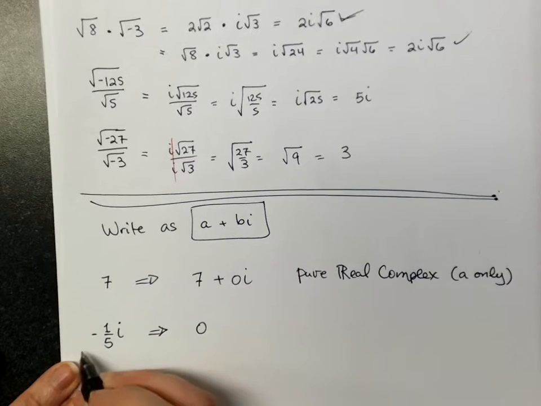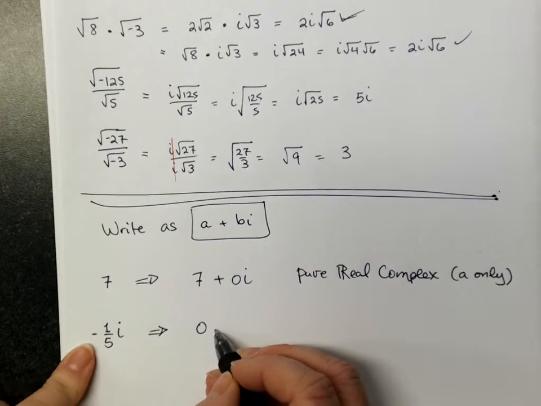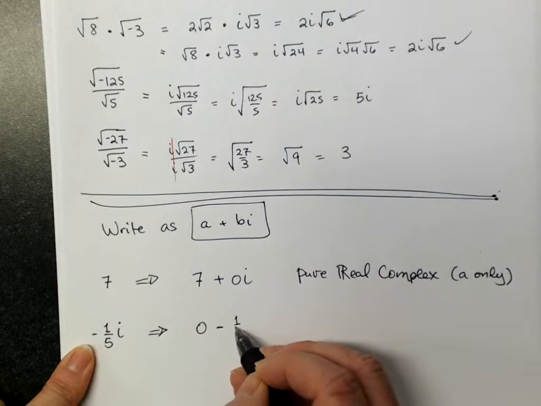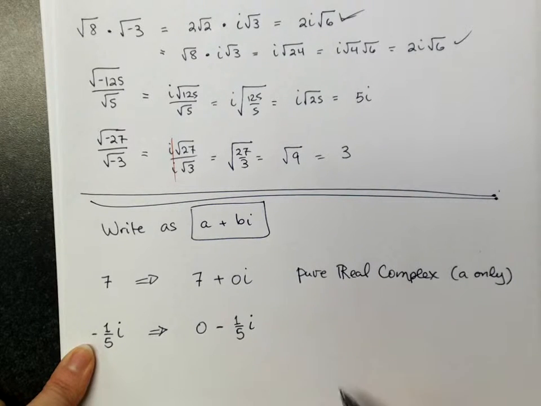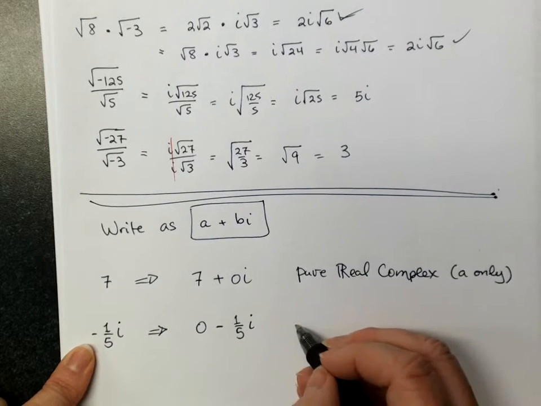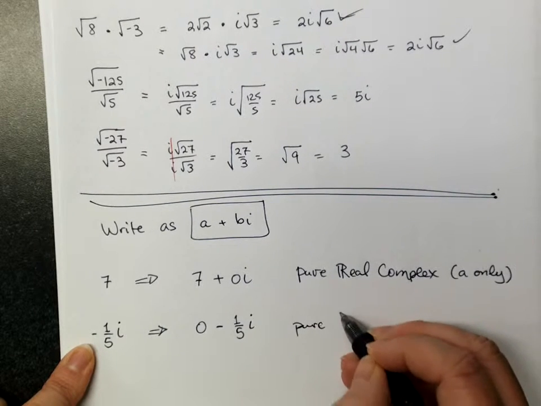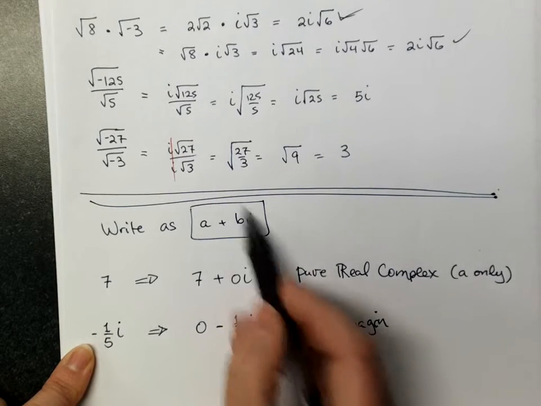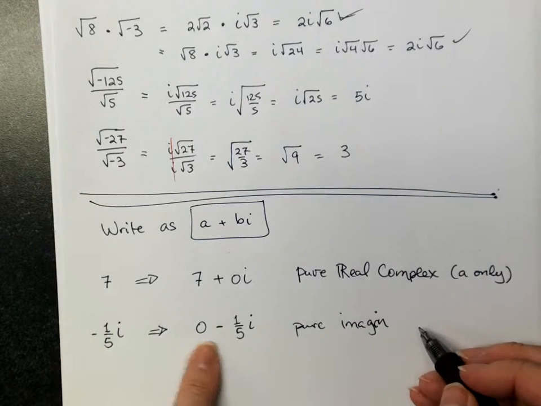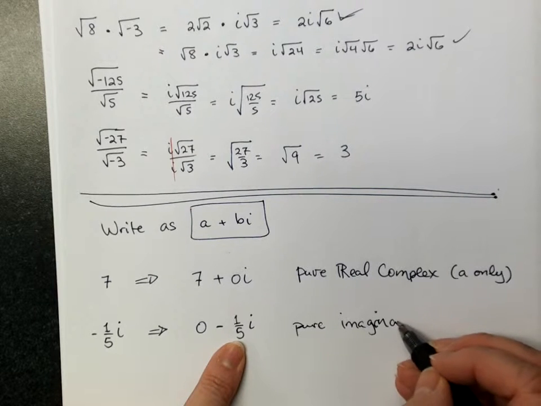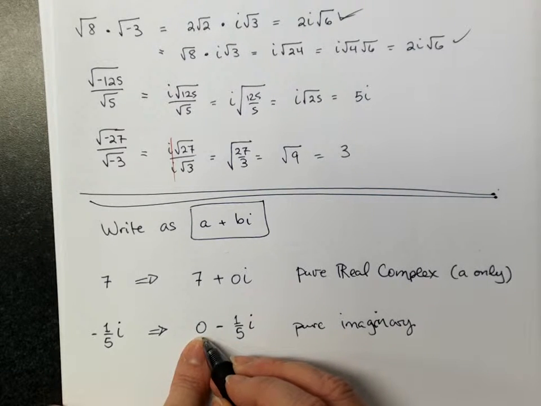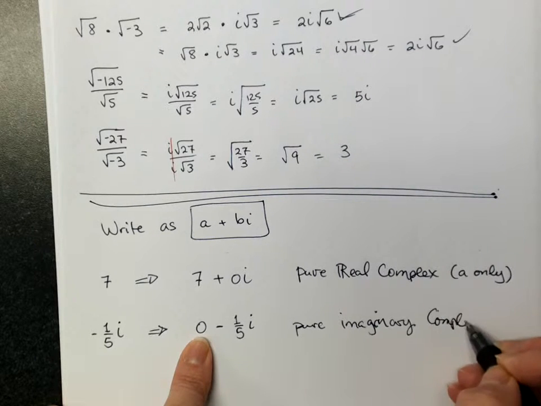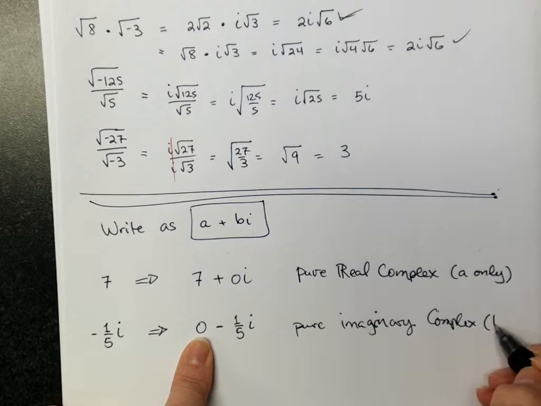So we have to write it, and then we can write a minus sign instead of plus, because this would be a -1/5 I. And that is a pure imaginary. But if we were asked to write it in the formal complex number notation, we would write it that way, but it's still a pure imaginary number, because our A component, our pure real, is 0. Pure imaginary complex, or so it's all complex, but you have the BI only.